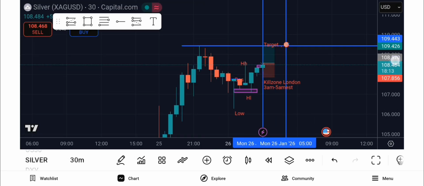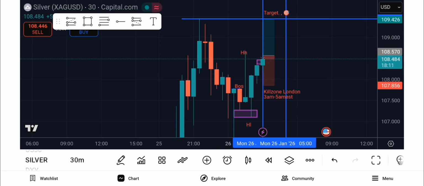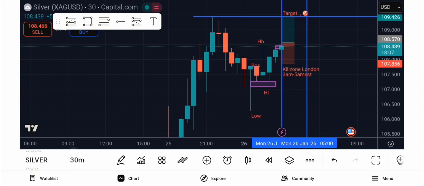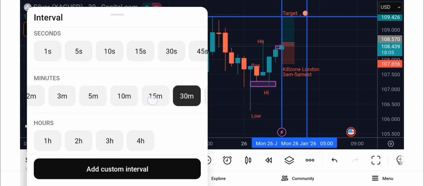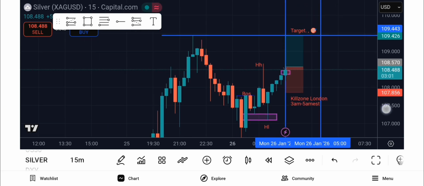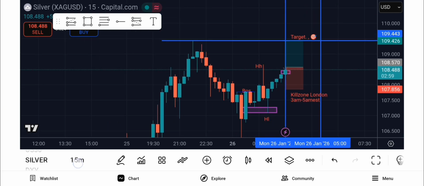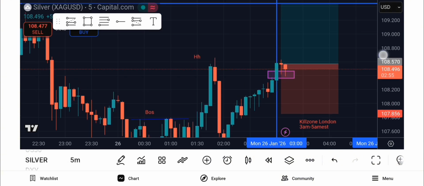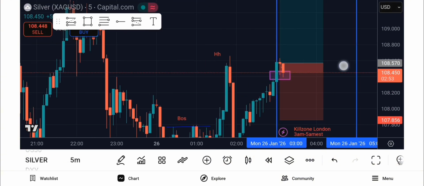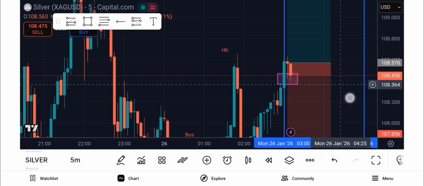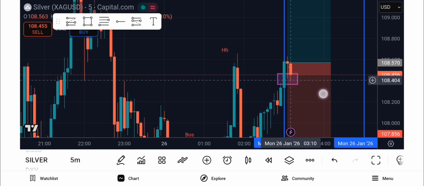So this is basically top-down analysis at its finest, mixed in with time to get a good entry. Now on the 5-minute we see there's a mini fair value gap formed here.